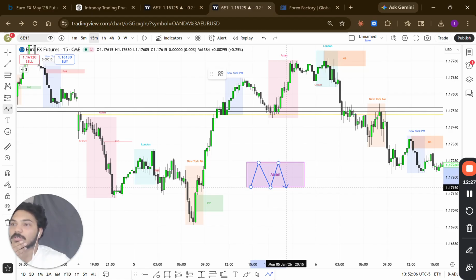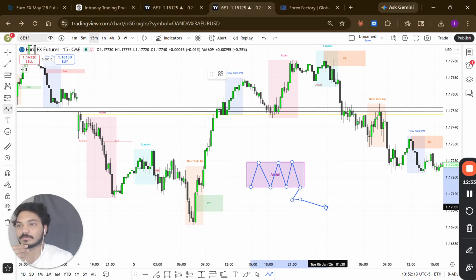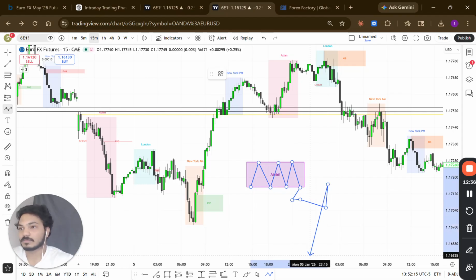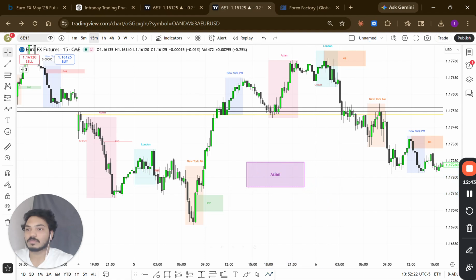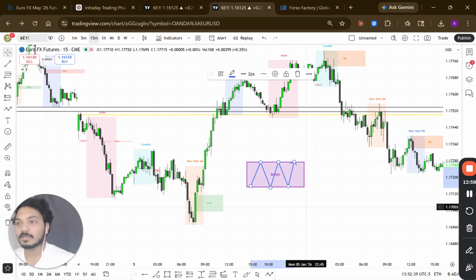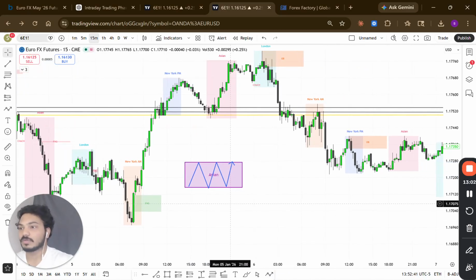If price tries to consolidate like this, let's say this is Asian. Next comes London.